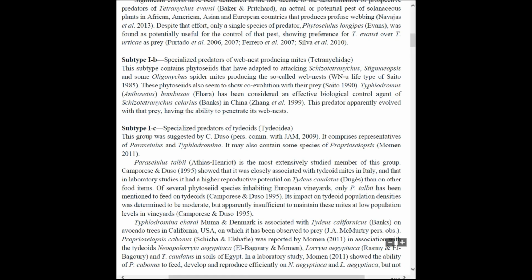So that means Schizotetranychus, that means Stigmaeopsis, that means Oligonychus here. We have web nest types, and this subtype will go after all kinds of web nest producing mites, not just the kinds mostly associated with Tetranychus species.